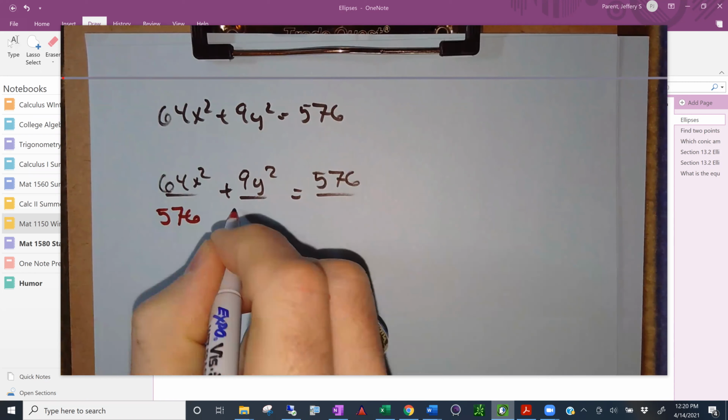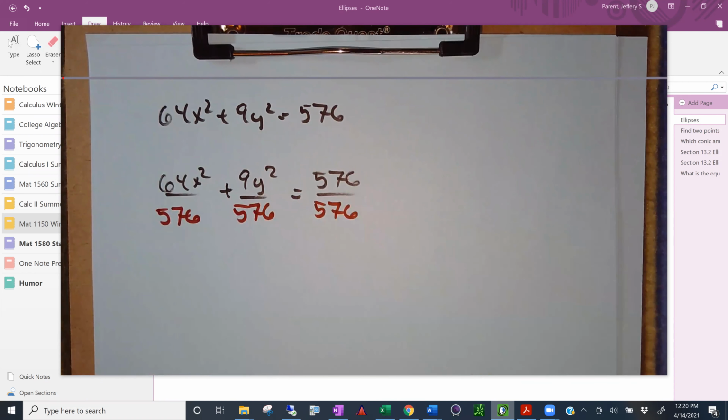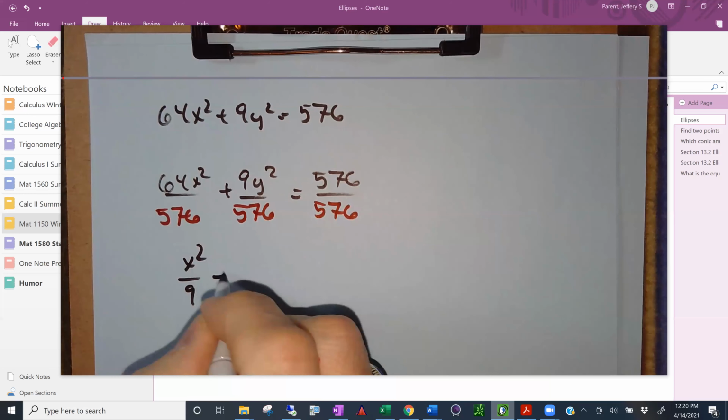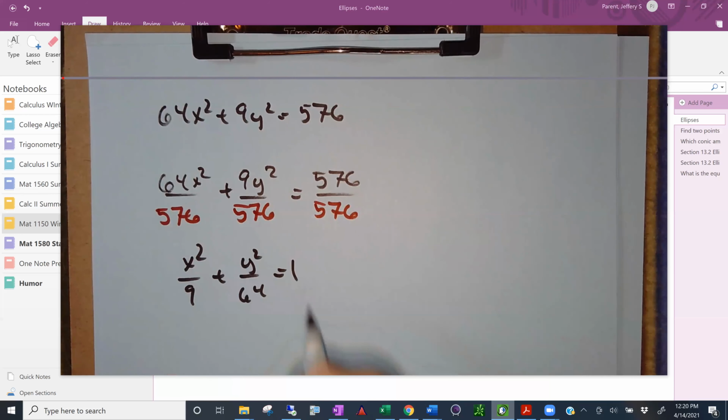So if I divide everything by 576, then I end up with x squared over 9. 9 goes in there 64 times. And a 1 on the right-hand side. Okay, that's not too bad.